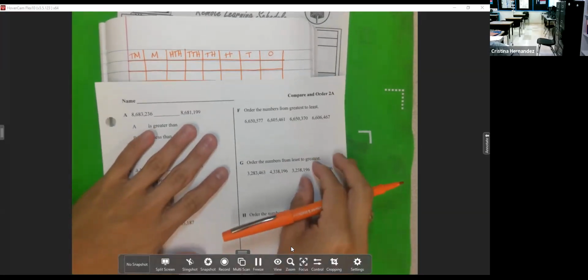Audrina, you can see? Yes. Okay. Let's put our numbers in our place value chart.